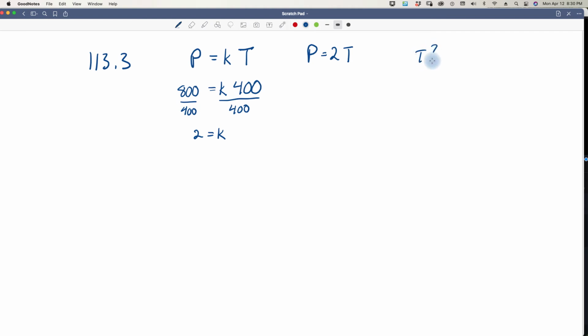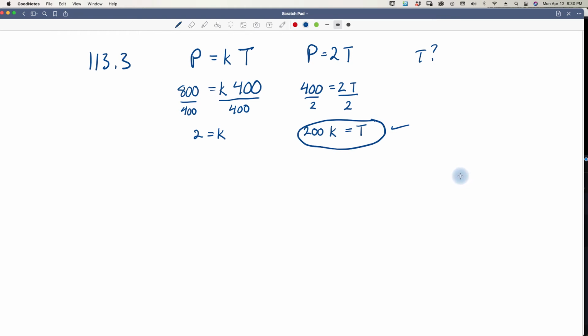What is the temperature when the pressure is 400? So 400 is the pressure. What is the temperature? We're going to divide by 2, right? So 200 Kelvin is the temperature. That's all we're doing. All right?